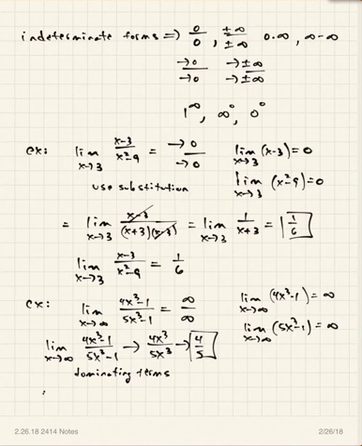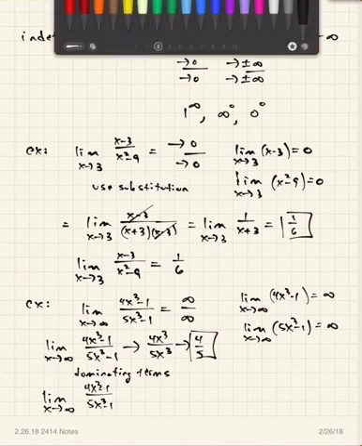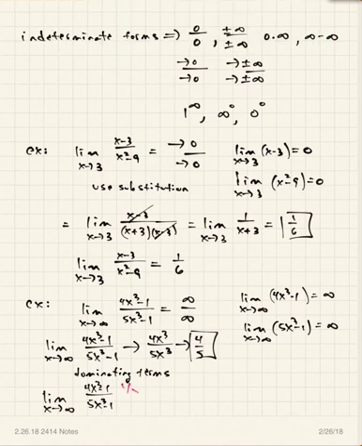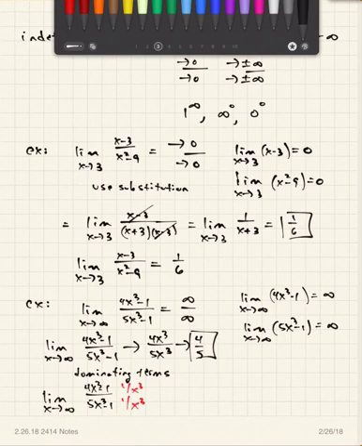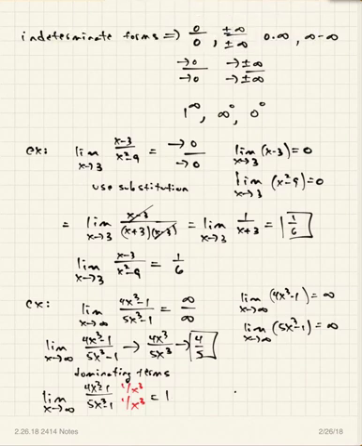Now, you might have looked at it a different way. Another algebraic trick here to evaluating this limit is to multiply the numerator and denominator by 1 over x cubed, the largest power in there. In other words, divide all the terms by x cubed. And when you do that, you get the limit as x goes to infinity of 4 minus 1 over x cubed over 5 minus 1 over x cubed.